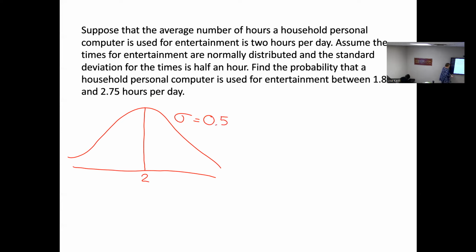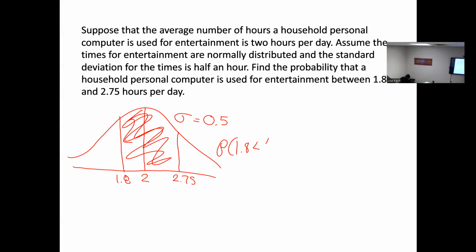And we want to find the probability that if we randomly select a household, they're going to use their computer between 1.8, so 1.8 would be to the left of 2, and 2.75, so that would be to the right. So we're looking for this area under the curve. So we're looking for the probability that our value X is between 1.8 and 2.75.